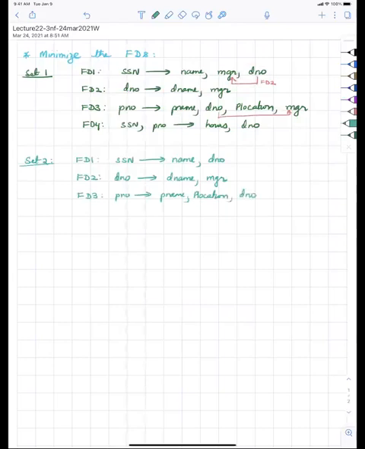And in FD4, D number is again repeated out here. Because you already have that in FD3, remove that. So we have FD4 equal to this.